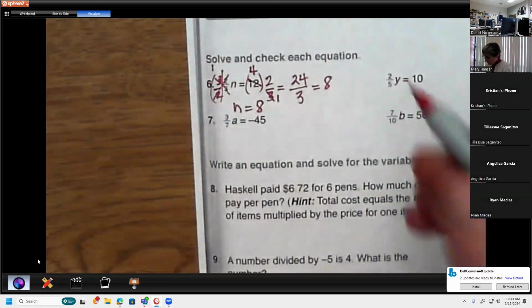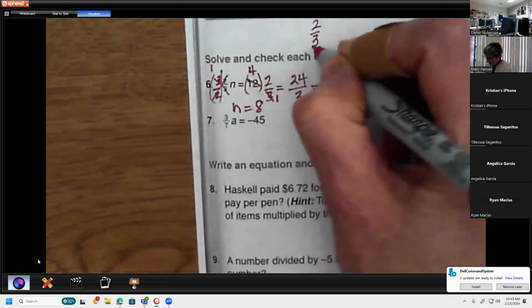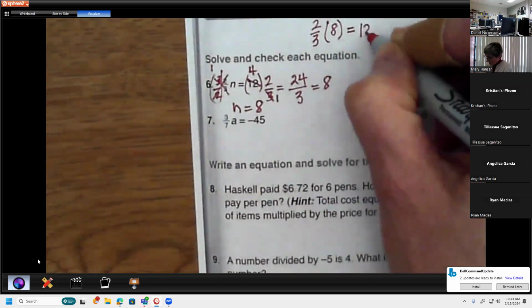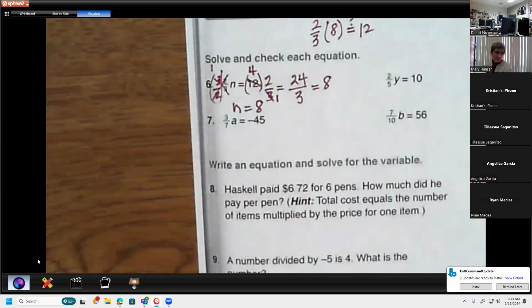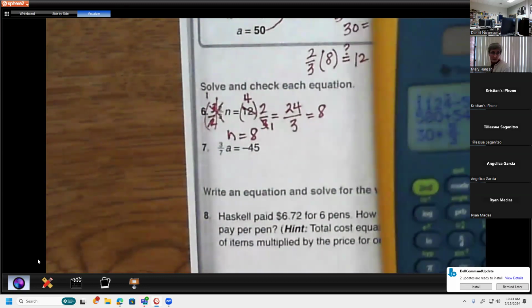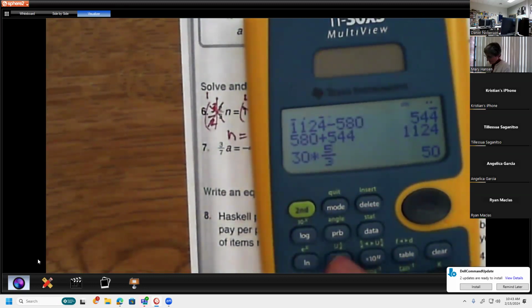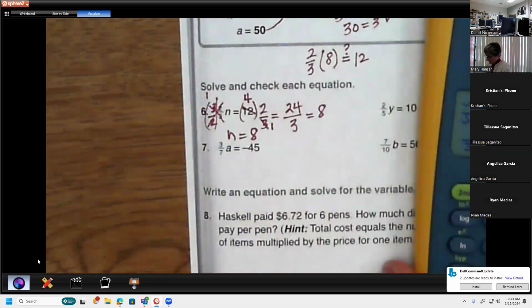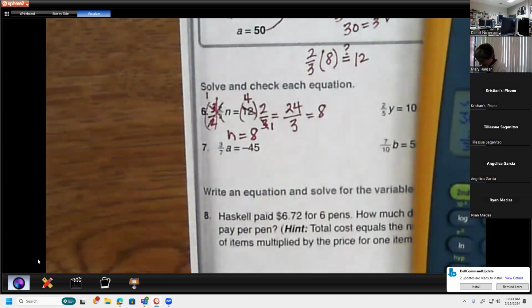So that means that 2/3 times 8 should equal 12. And so we can take that in our calculator if we want to. Fraction 2/3 times 8.